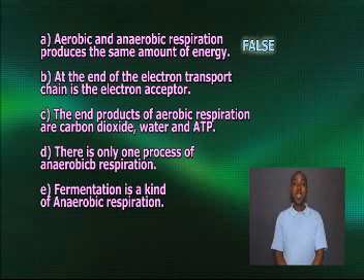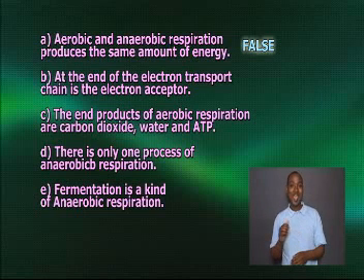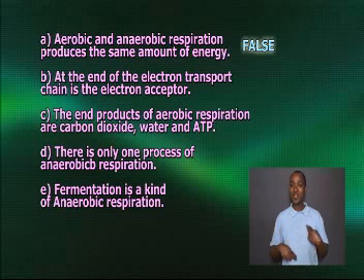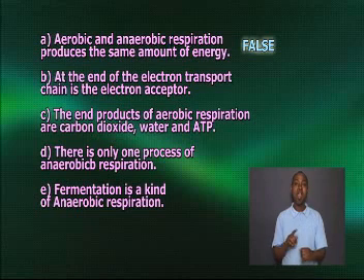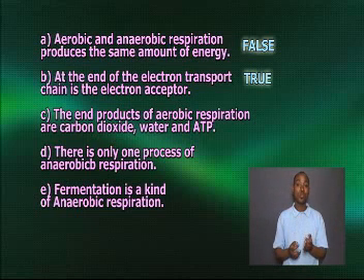Aerobic respiration produces many more molecules of ATP per glucose molecule than anaerobic respiration does. At the end of the electron transport chain is the electron acceptor.